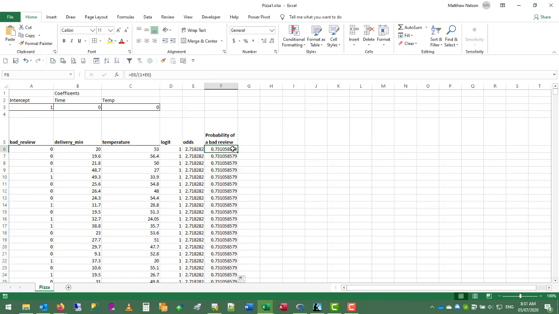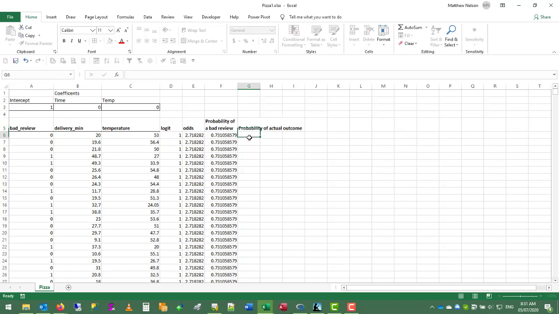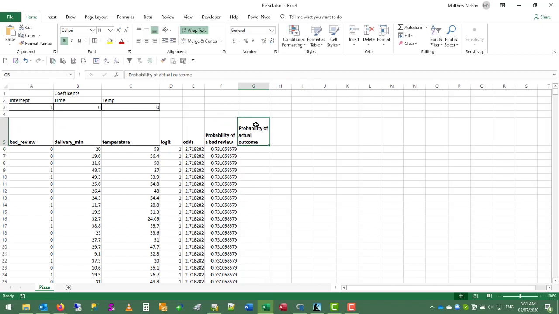So this is the output of our model, but we want to get the probability of the actual outcome, which is going to rely on a conditional function. So if the bad review in A6 is 1, then we want to use the probability of a bad review in F6, otherwise we want 1 minus F6.